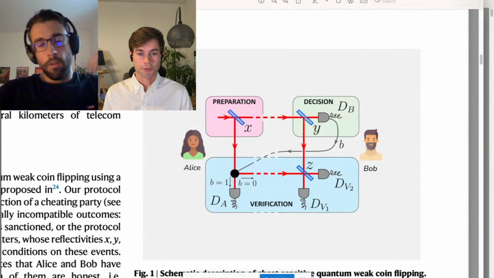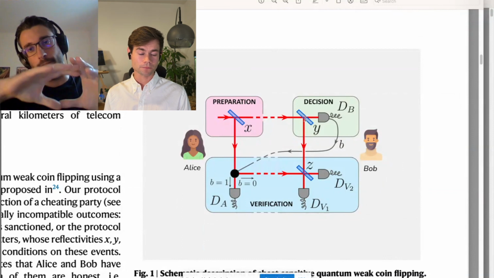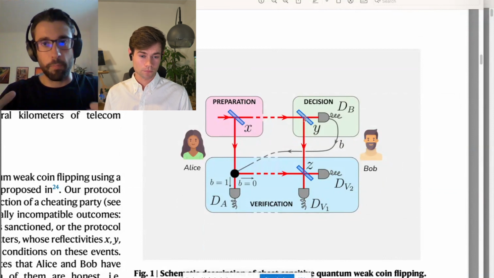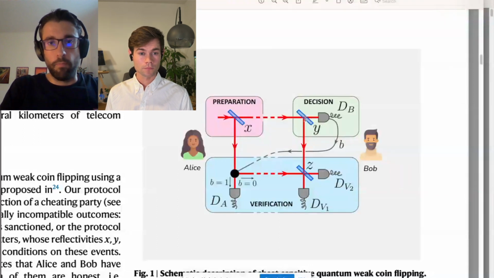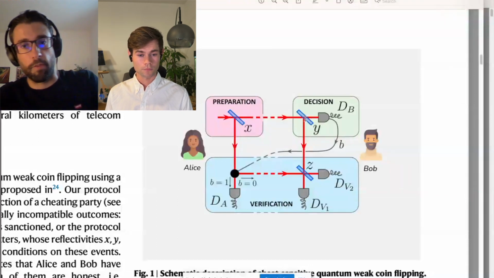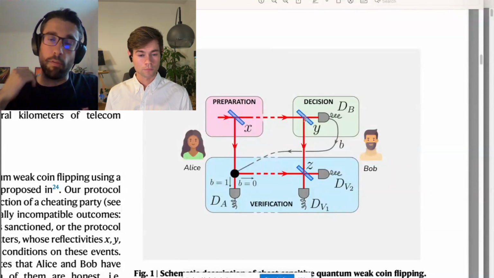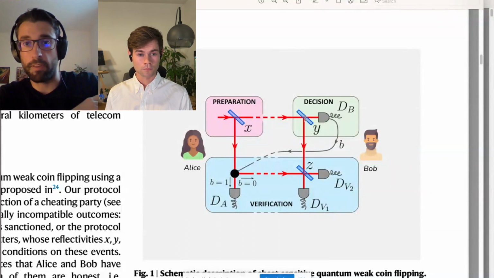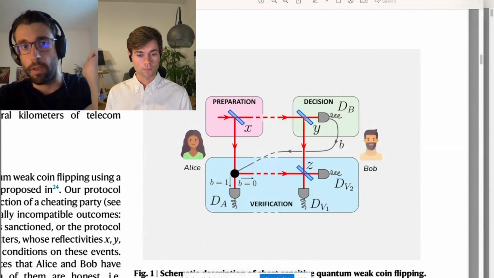And how is the protocol addressing that from a cheat mitigation perspective? That's when you have to consider the whole setup again for verification. Let's say that Bob cheats, so he declares himself the winner when he did not actually receive the photon. As you know from our previous discussions, this means that the photon has actually gone through the other path.